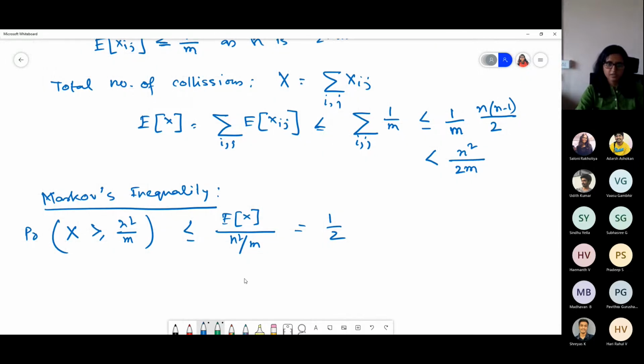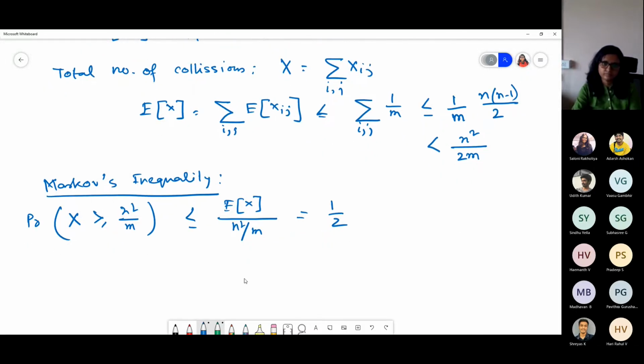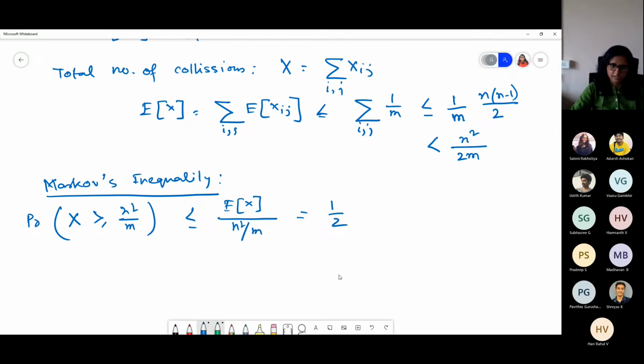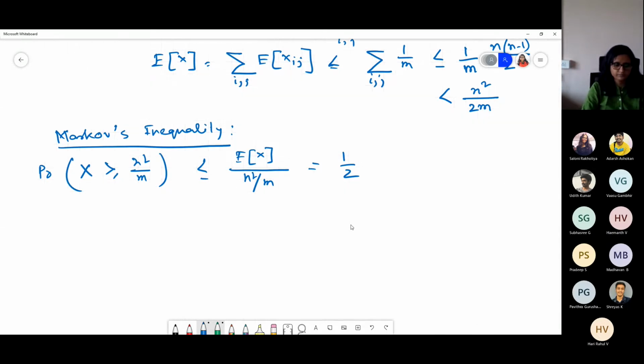That means if you take this as your range, then the probability of getting a value of x more than that will be less than half. Or in another way, we can say that, say the chain length is y.